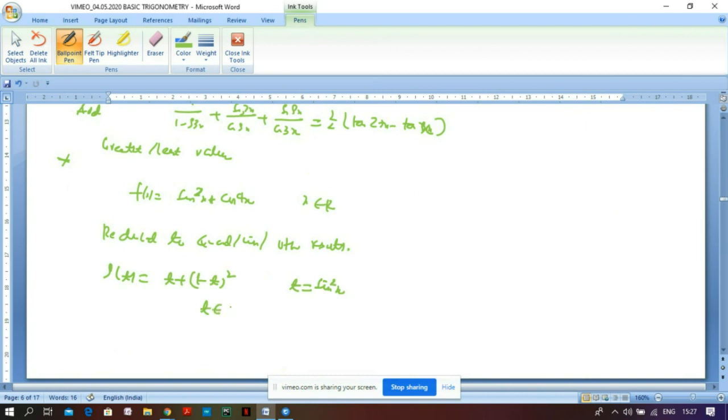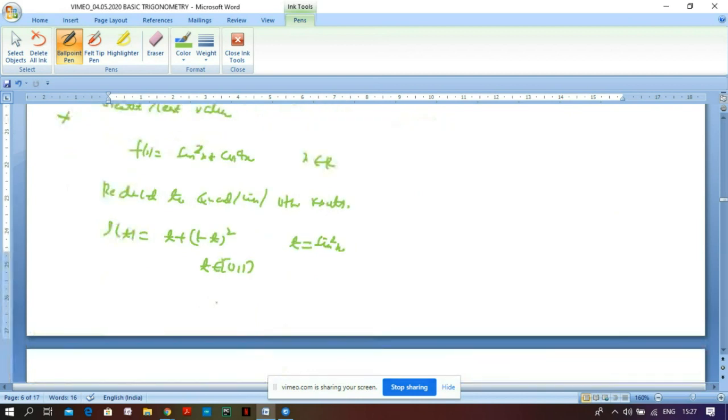So this is t element of 0 to 1 closed both. So finding the least or greatest of f of x on x element of R is equivalent to g of t on t element of 0 to 1. They are the same question.